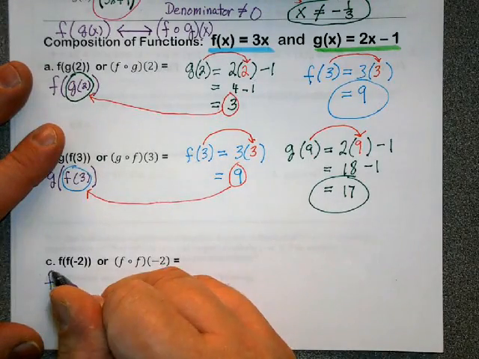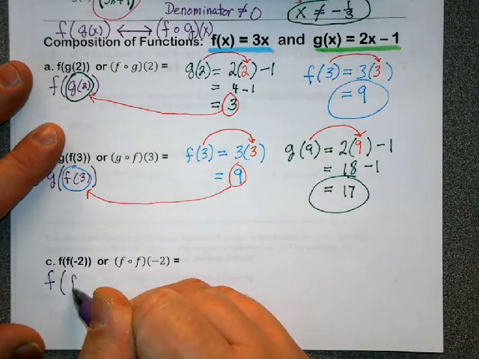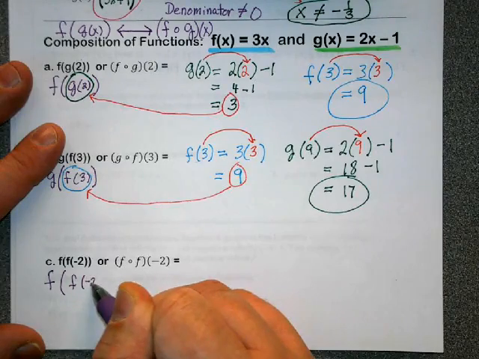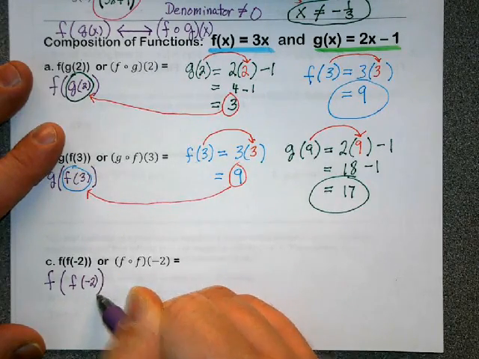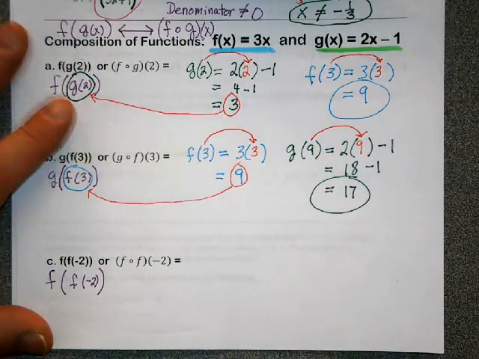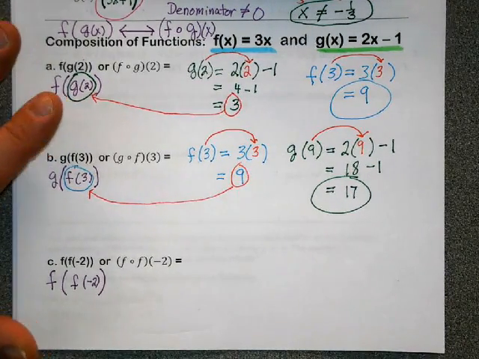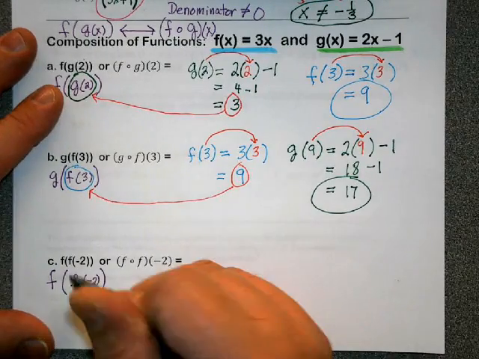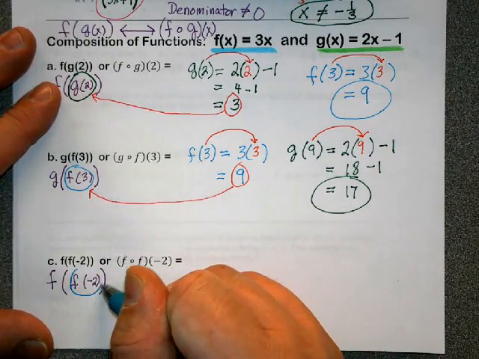Okay, the f of f of negative 2. So I do the innermost one first. So the f of negative 2.